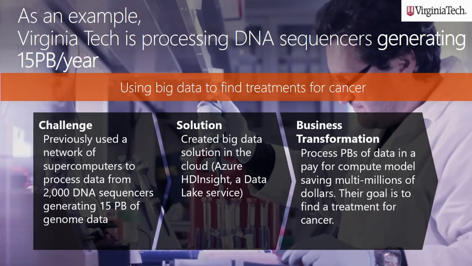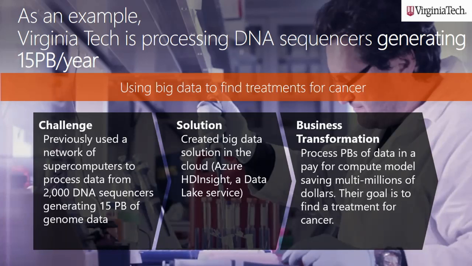This one example is Virginia Tech, in terms of processing DNA sequences. If you've seen what a genomics machine looks like, that thing can just burn through disk, because it generates so much data. They generate 15 petabytes a year.